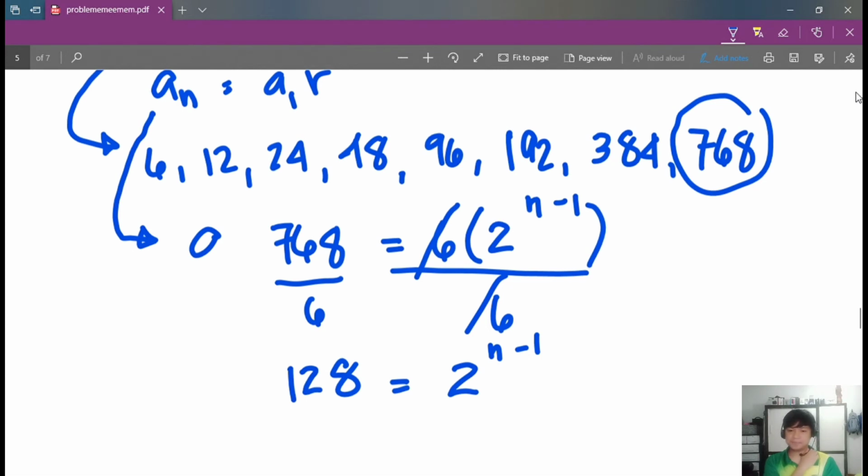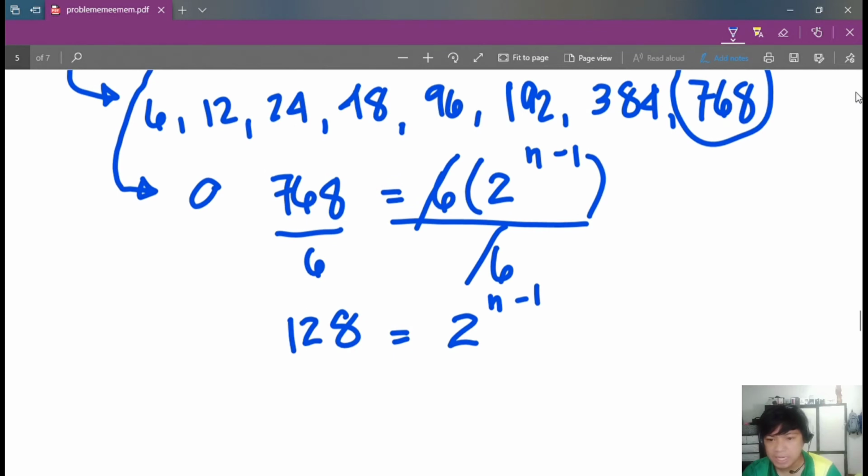Okay, ito siya. Ang gawin natin, para ma-equate natin sa kabila yung power to power, gawin natin siyang exponent. So, dapat yung base niya maging 2. Tapos, erase natin siya. Ilan ba ito siya? So, 128 is also denoted as 2 raised to 7 power.